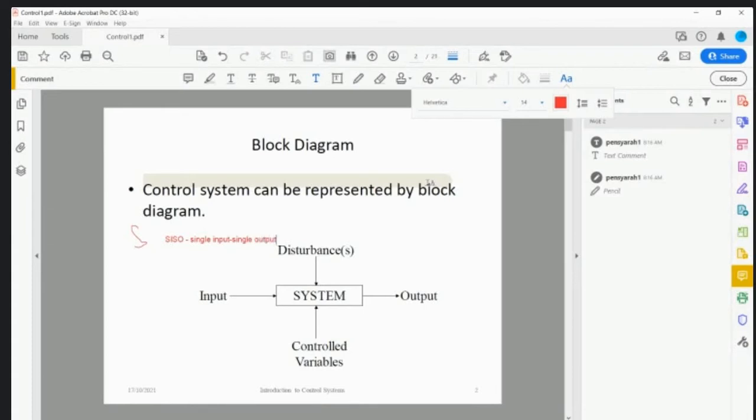Okay, so single input, single output, we call that a SISO system, where a system only has one input and one output. But normally we know that when there are many components, many devices in the system, the system is able to receive many inputs and also provide many outputs. For example, your handphone.